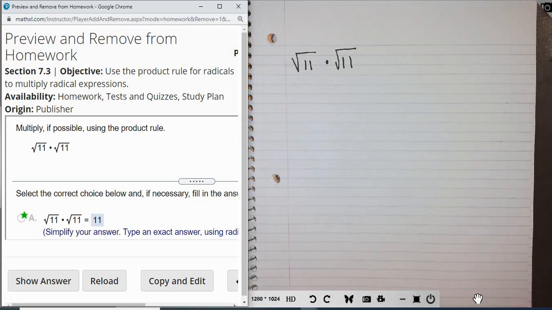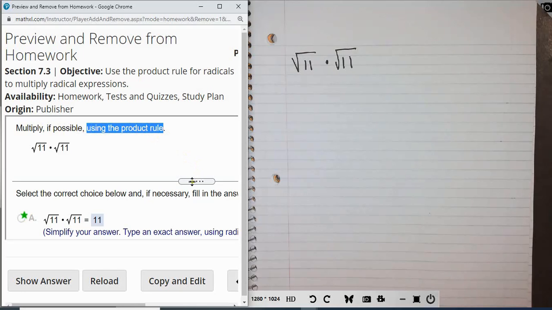The next one you're going to come across on the final exam relating to Chapter 7 will be one kind of like this one here. Look at our objective: use the product rule for radicals to multiply the radical expressions. It says multiply if possible using the product rule.